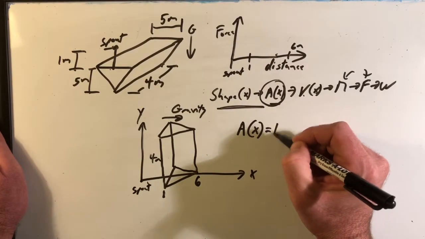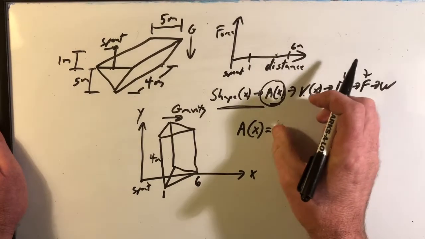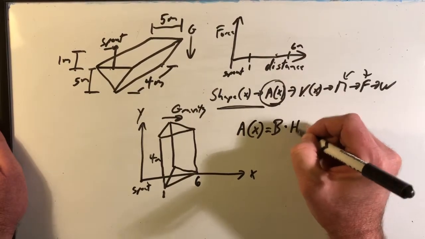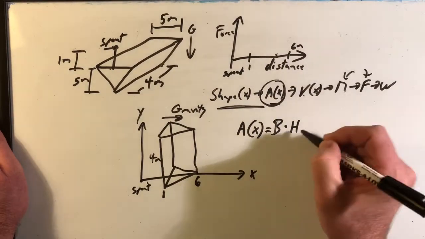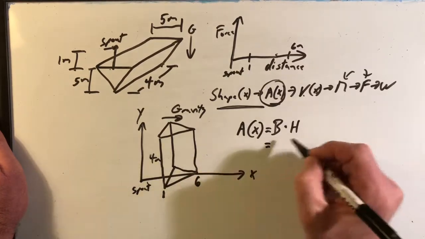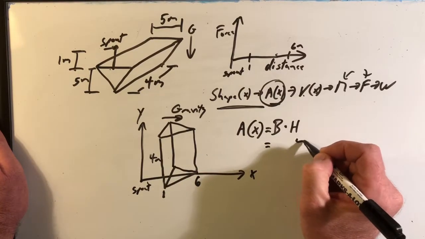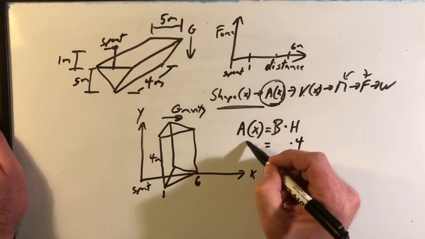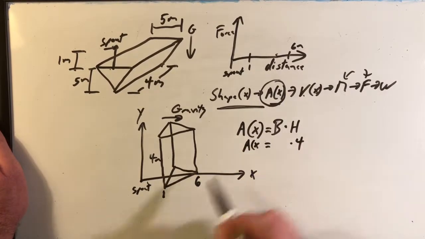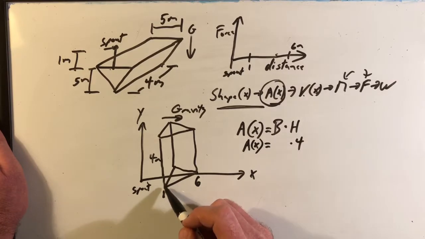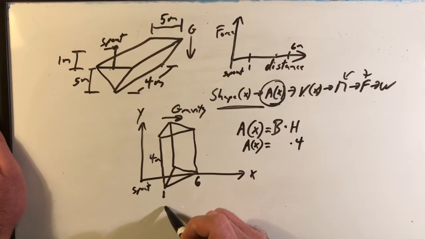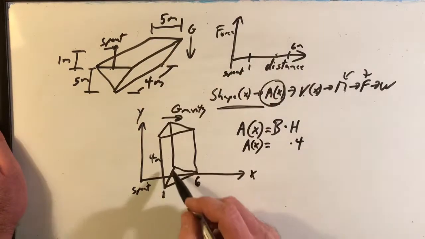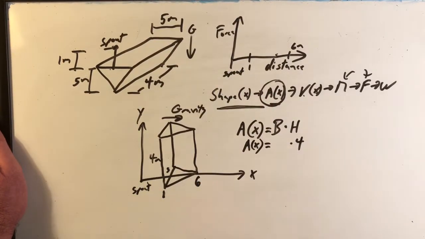So it's always going to be length, or I'll just call it base, times height. And my height is always going to be equal to 4 meters. So what is my base going to be equal to? Well, they told us at this particular point it's equal to 5.